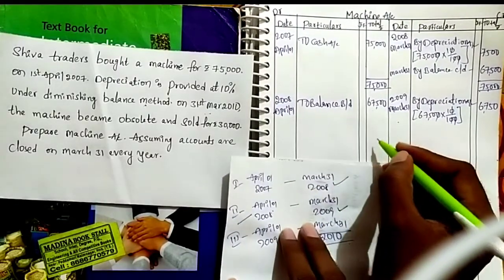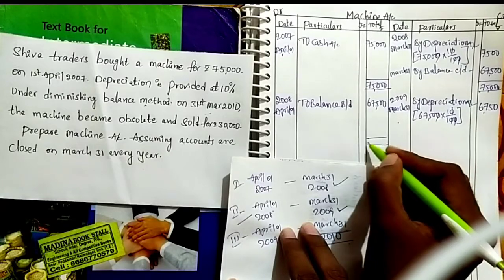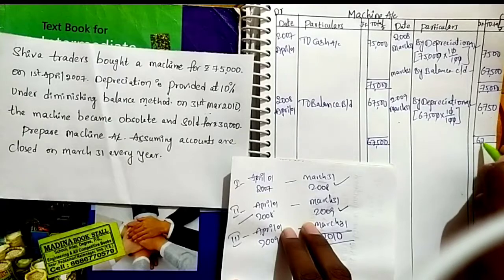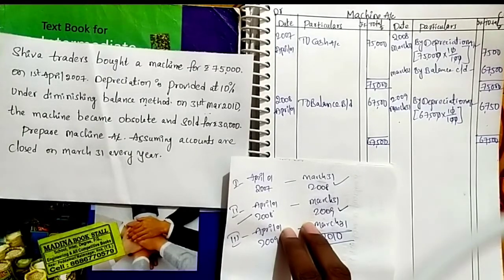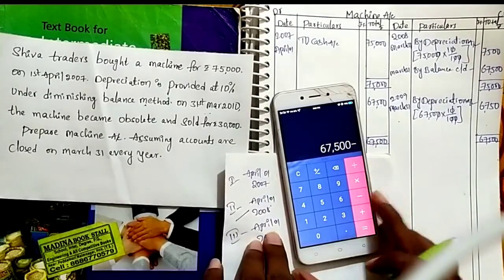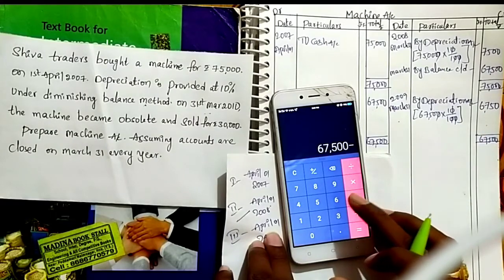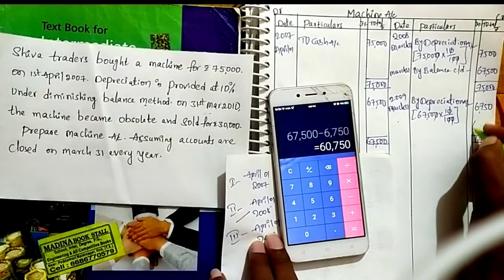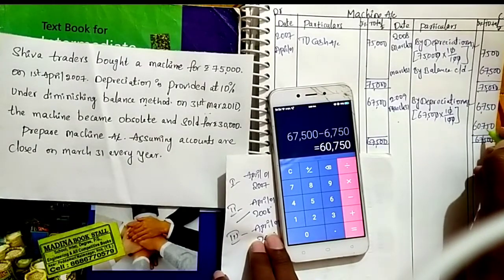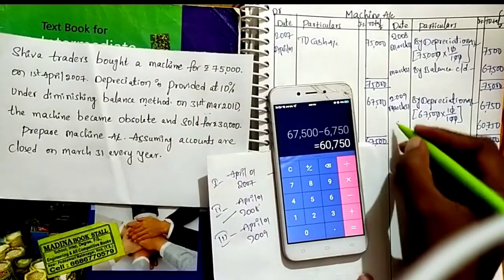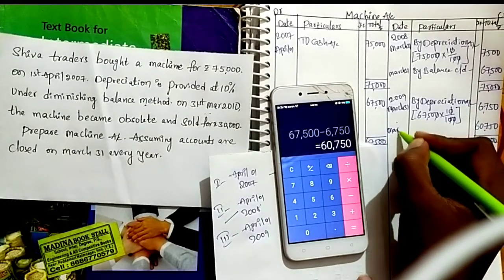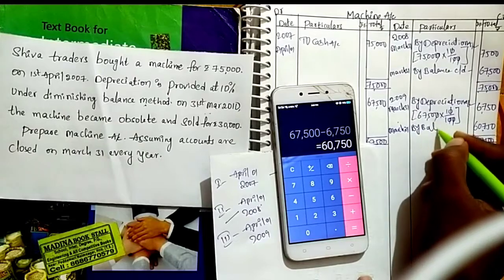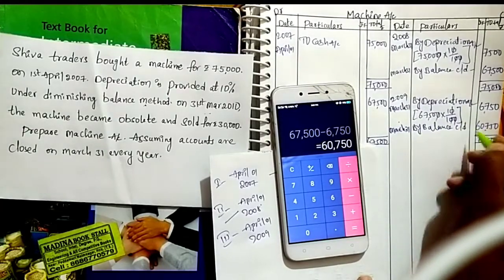Again, obviously the debit side is greater: 67,500 minus 6,750 is 60,750, the balance at the end of the second year, March 31st, by balance carried down.